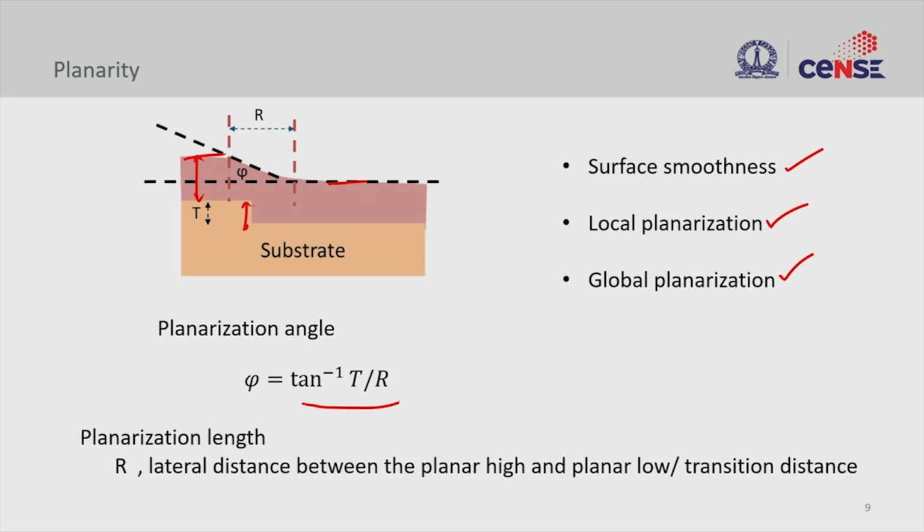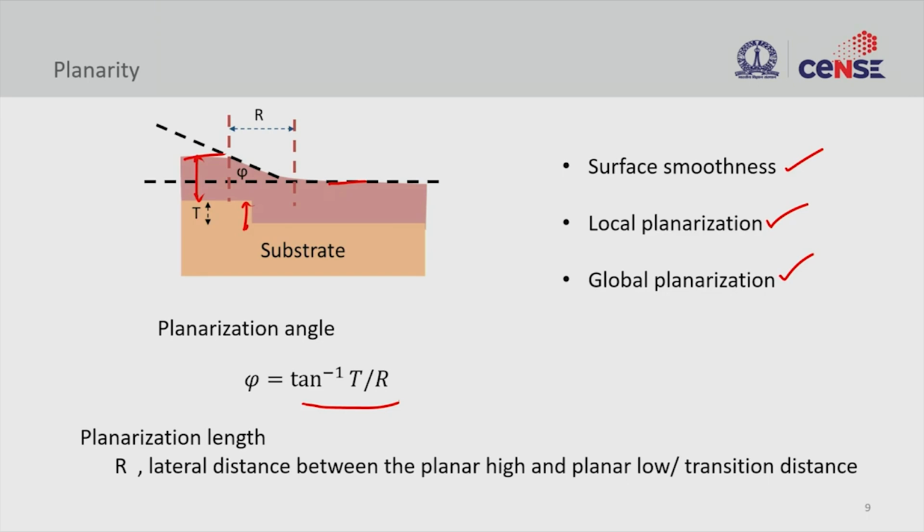So your planarization angle that we mentioned here, normally this comes when you have local planarization, where you haven't really achieved the complete flatness. Local structures are flat, right. You are able to flatten out the sharp features, but your global flatness is not yet there. So that is where you get this local planarization and also the planarization angle.